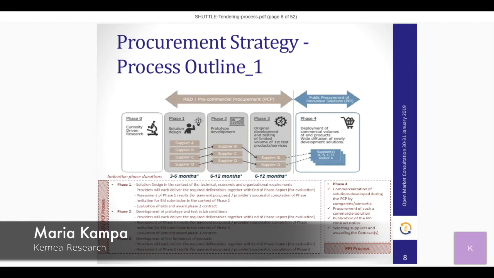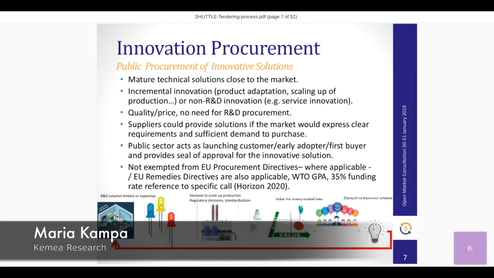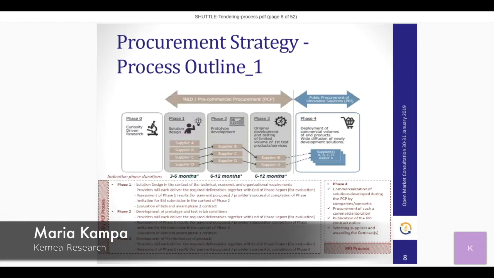The second phase concerns the prototype development, while the third phase is the original development and testing of a limited volume of first products. And in the PPI procurement, we have, let's say, the fourth phase, which concerns the deployment of commercial volumes of end products.